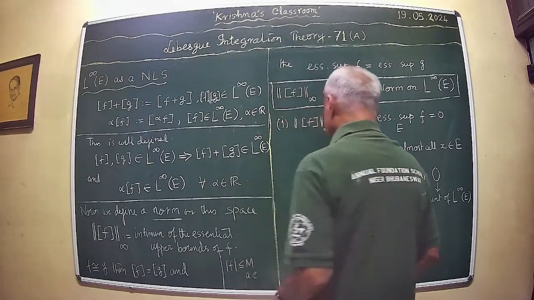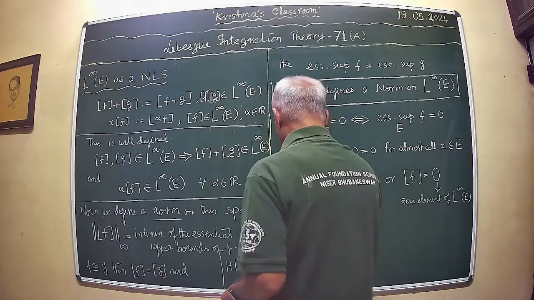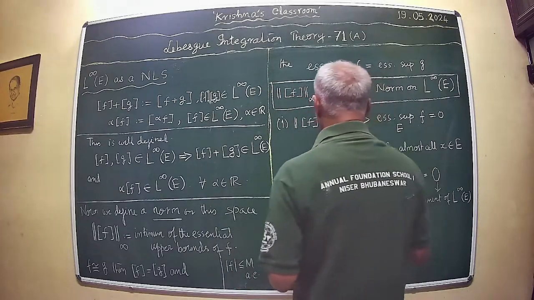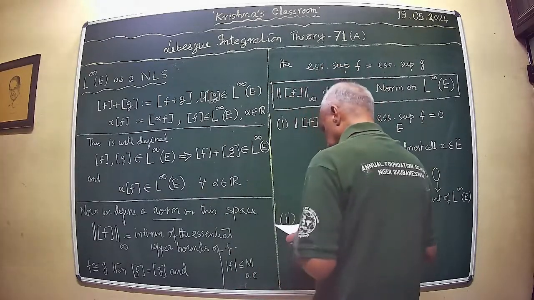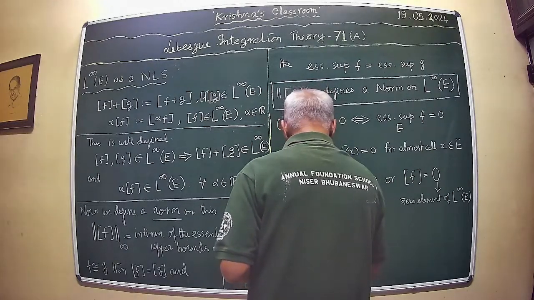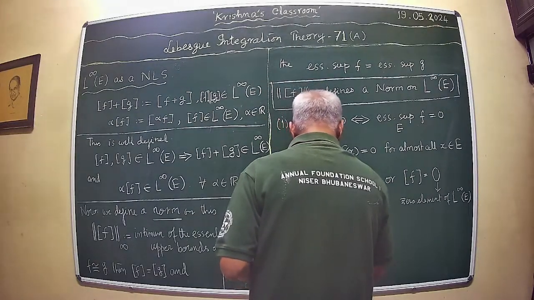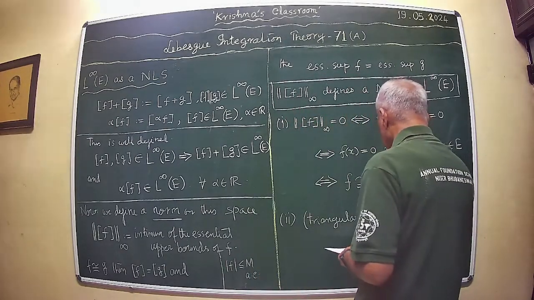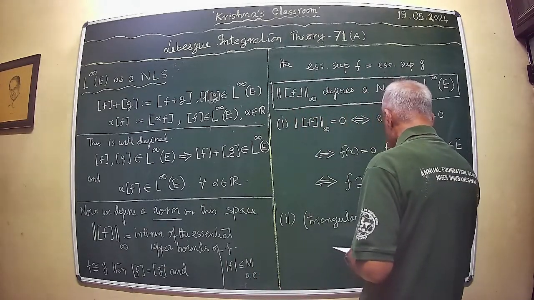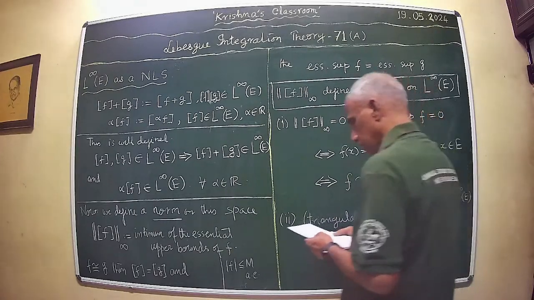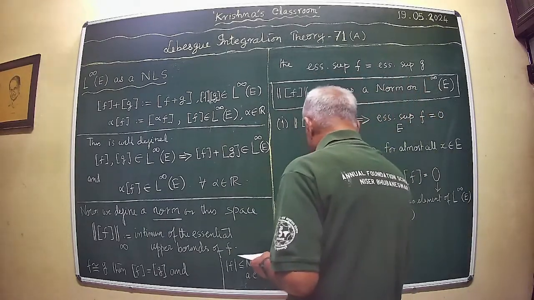Now we establish the triangular inequality. So that talks about the positivity. Second is the triangular inequality. That is, we want to prove this.